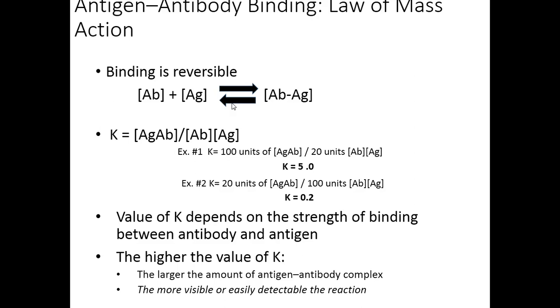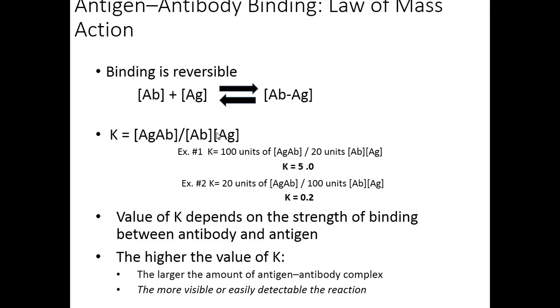We're looking at the constant K, or the value of K, which refers to the concentration of bound antigen-antibody complex, where the antibody is bound onto its antigen, divided by the amount of free antibody in the serum and the amount of free antigen in the serum. I know this is tough to look at, and you're like, I'm not really sure yet.